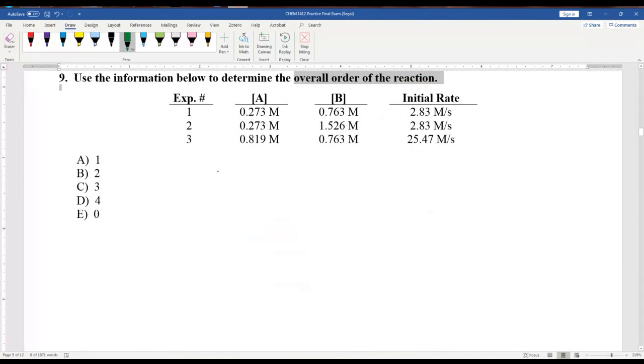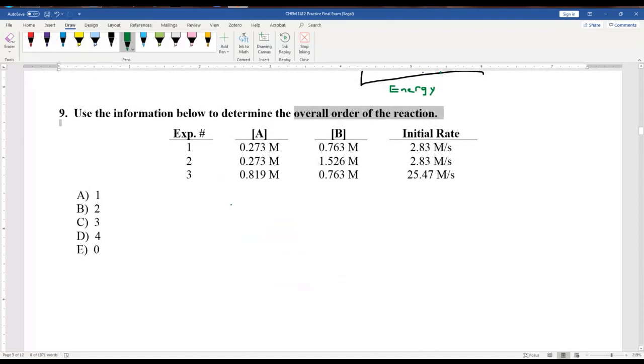Basically, a standard rate law for a reaction is going to be like, let's say if we have reactants A and B, as in this case, the rate law for the reaction is equal to some rate constant, lowercase k, times the concentration of A to the m power times B to the n power.